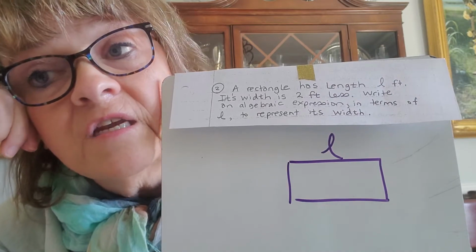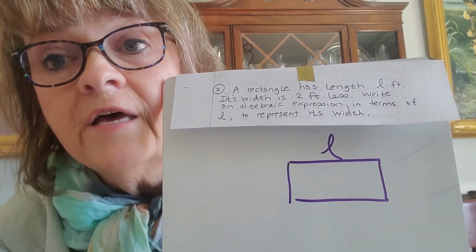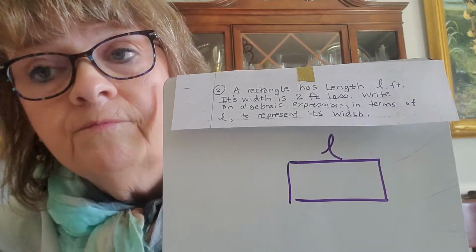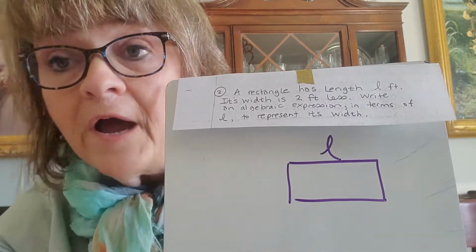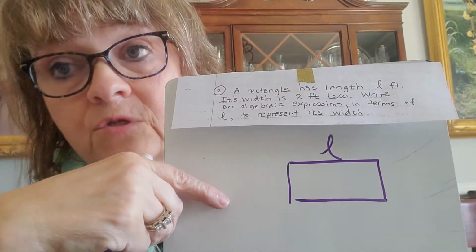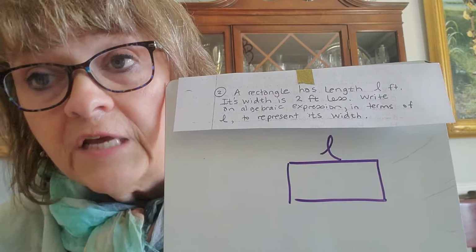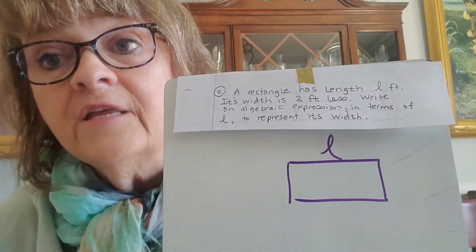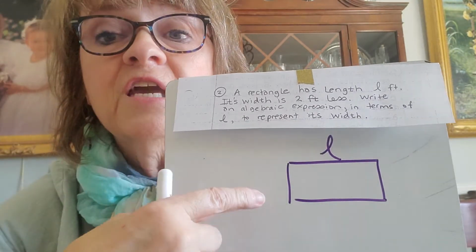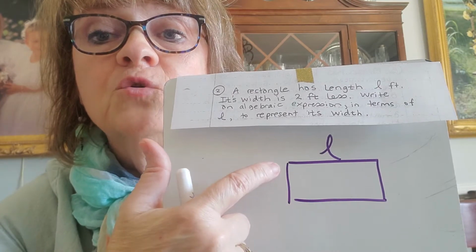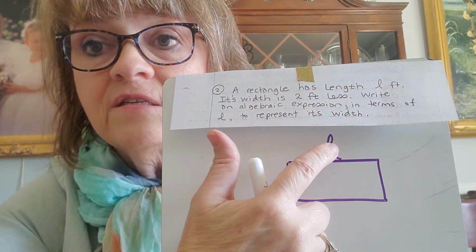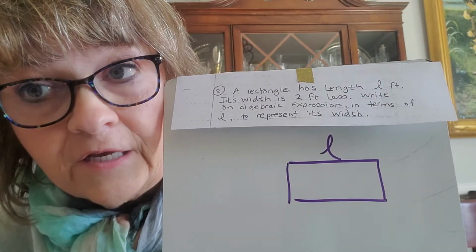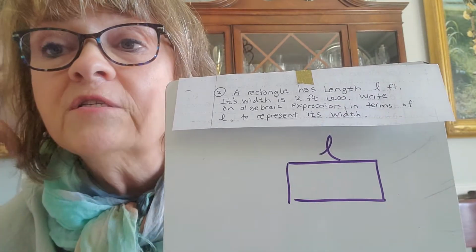But it says its width is 2 less than that. So if its length is 9, its width is 2 less, it would be 7. If its length is 12 and the width was 2 less, it would be 10. 12 minus 2. So in this case, if the width is 2 less than this, and I don't know how long it is, how would we express that?